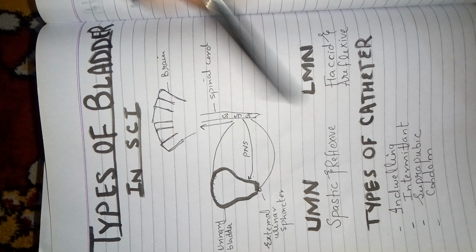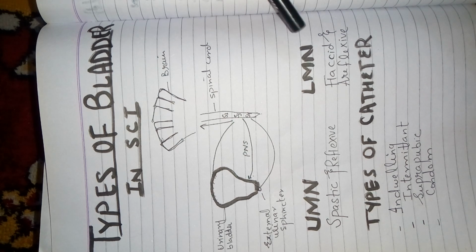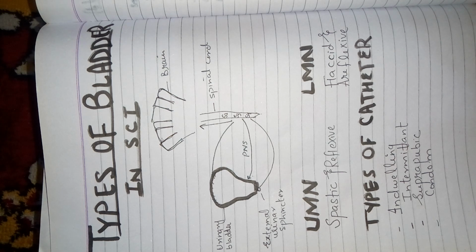And reflexive means that as soon as the urine comes to the bladder, it will release it. That is upper motor neuron. Now lower motor neuron includes the flaccid type of bladder. That means the bladder will become flaccid. It will keep on accommodating and accumulating the urine, and it will not contract or push itself.